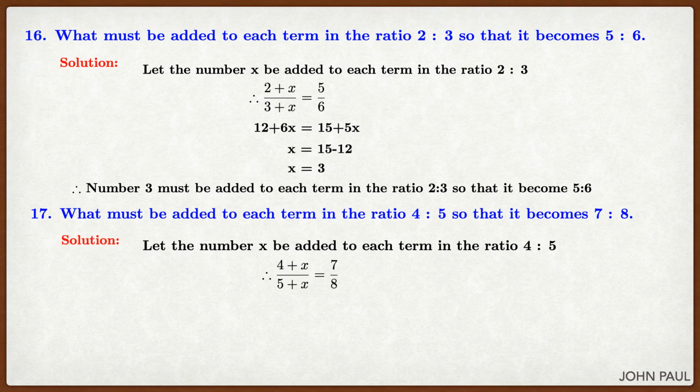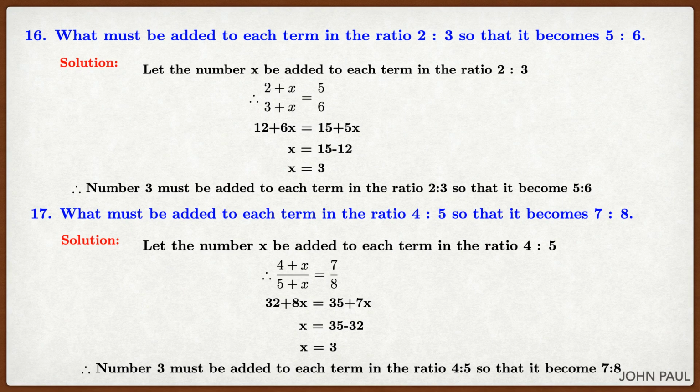Now we will cross multiply. We get 32 plus 8x equal to 35 plus 7x. X equal to 35 minus 32, therefore x equal to 3. Therefore, the number 3 must be added to each term in the ratio 4:5 so that it becomes 7:8.